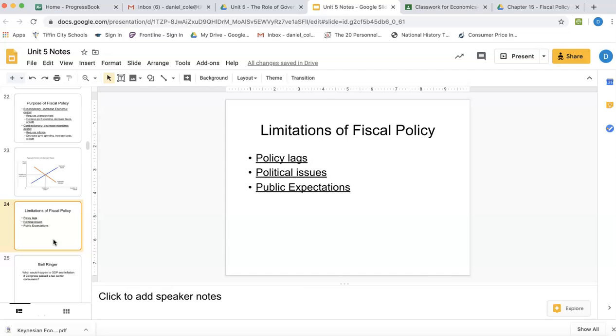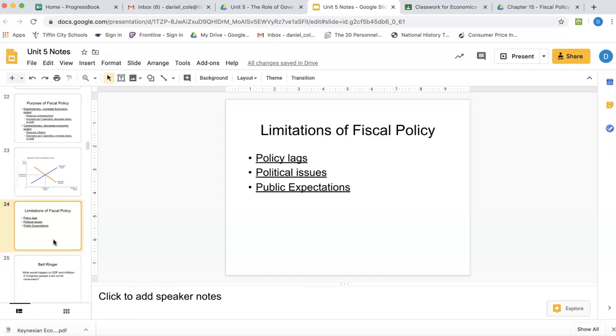So with this, it's pretty hard for fiscal policy to work effectively because the president and Congress are elected by the people. And people aren't always real thrilled with losing their jobs because taxes got raised, okay? The other problem is that these policies take a while to go into effect.